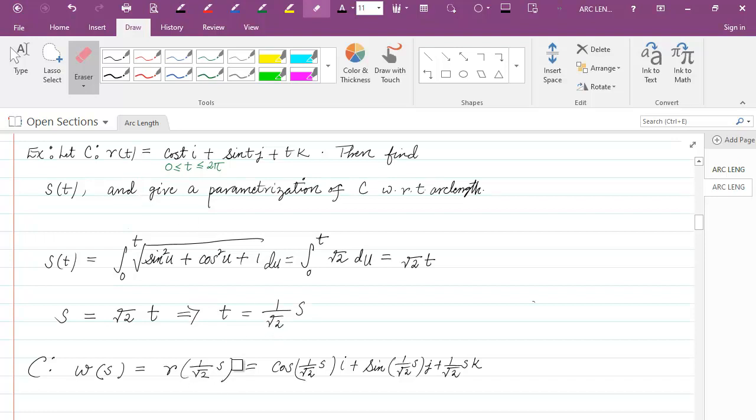And if I do that, I'm going to get cosine of s over root 2 here, sine of s over root 2, and here I'm going to get s over root 2, and I'm going to call that w of s. So w of s is a parameterization of the curve C in terms of the arc length.